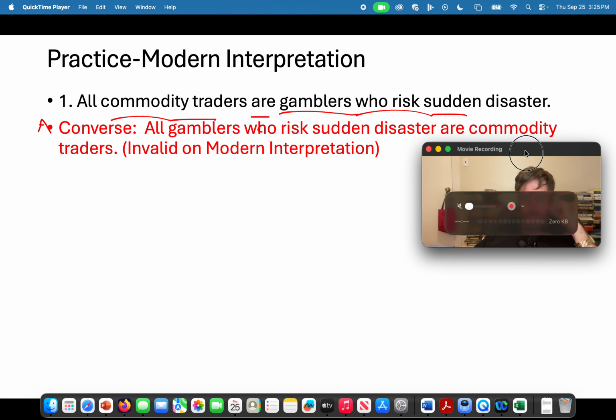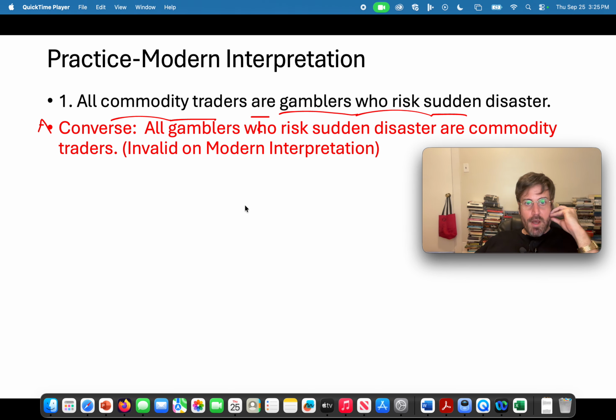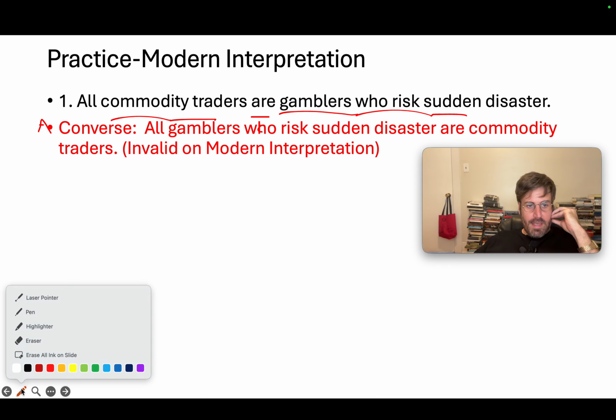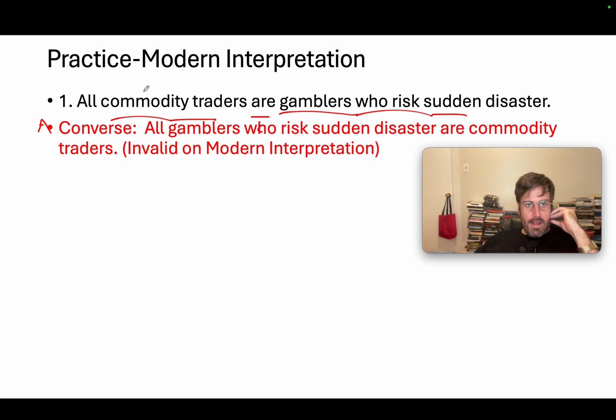Okay, this is what the converse looks like. All gamblers who risk sudden disaster are commodity traders. We have switched the S and P, where S is commodity traders and P is gamblers who risk sudden disaster. So we flip-flopped them. And if you recall from the Venn diagrams, converse is invalid on the modern interpretation.